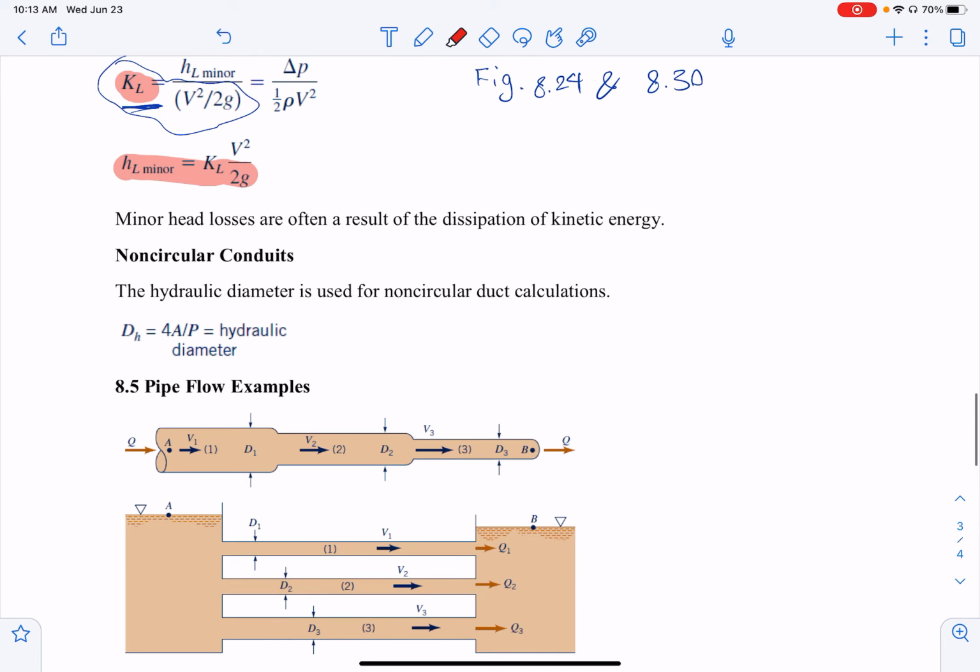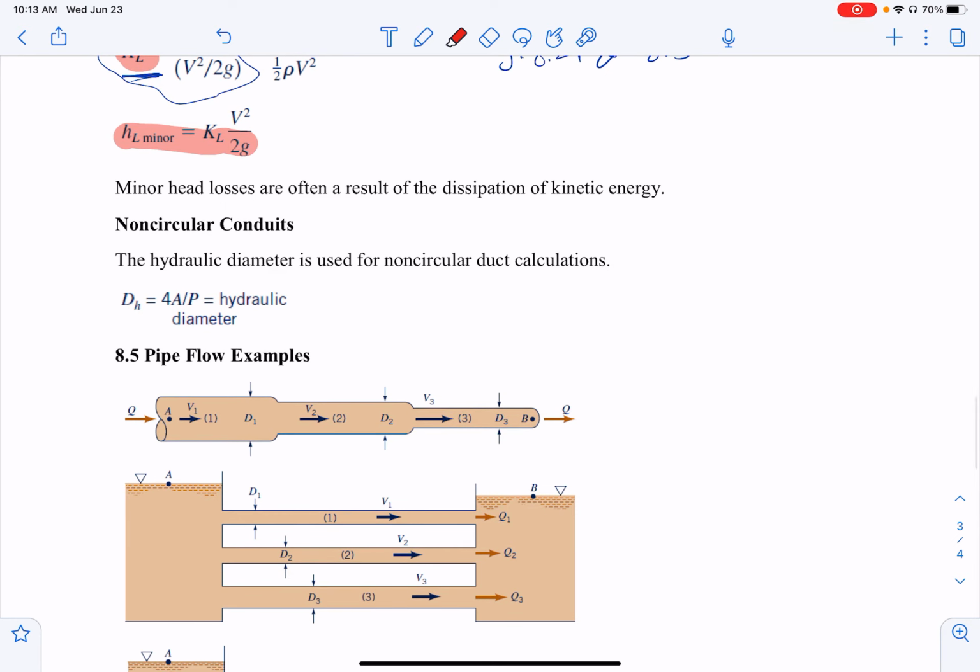Another important thing is that it's not always the case that we have a round pipe. Sometimes we have a non-circular conduit. So in this case, instead of the D in the Reynolds number and in the major loss, we just put this DH here.